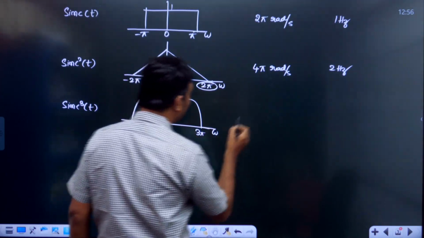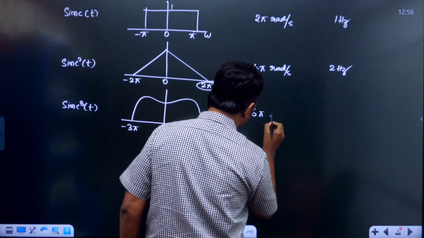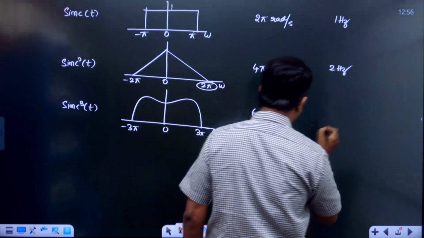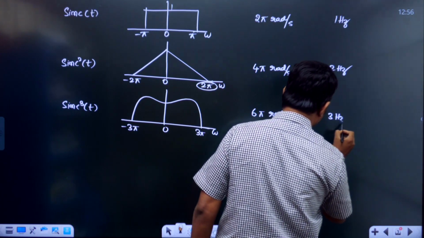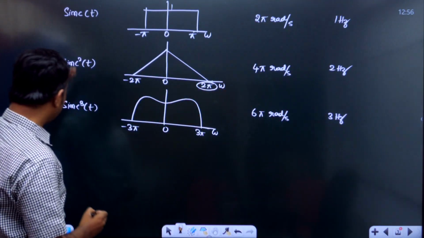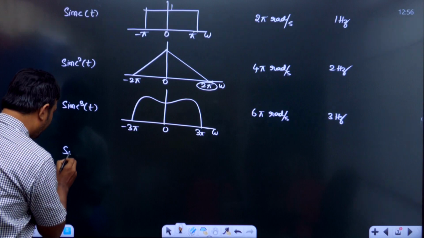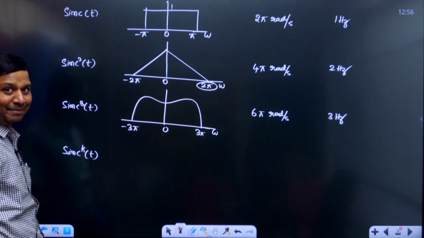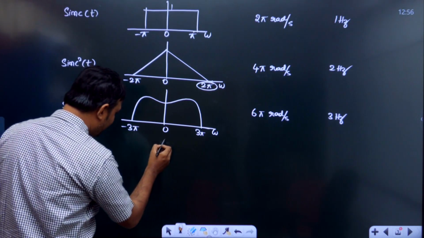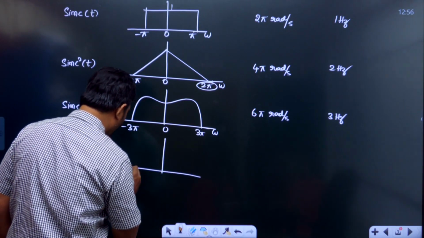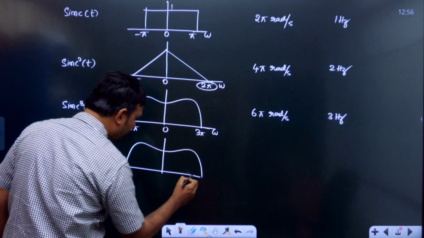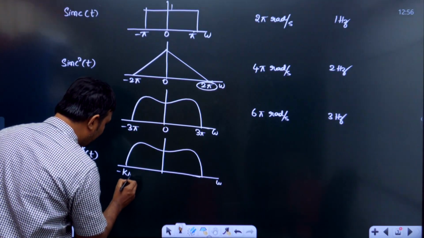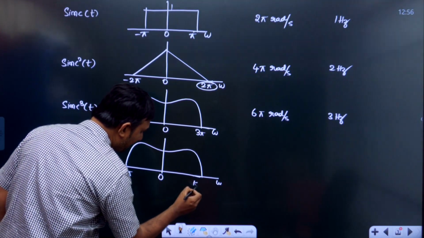So the Nyquist rate is 6 pi radians per second. In terms of hertz, 3 hertz. Right? Now we can generalize like this. Sinc power k of t means its Fourier transform would be some signal which ranges from minus k pi to k pi.